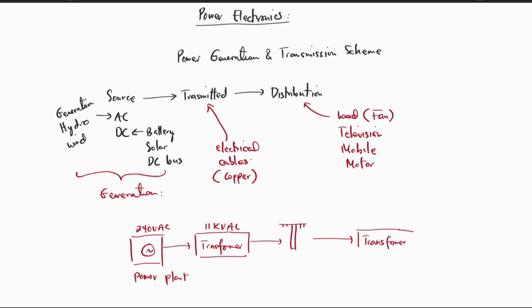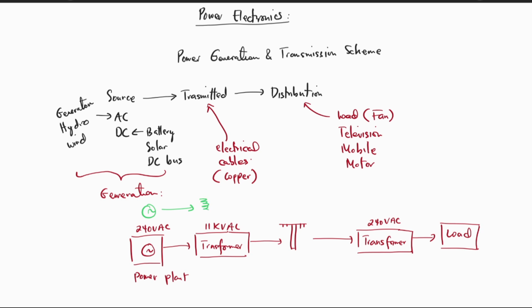And this transformer is now reducing the 11,000 volts AC to 240 volts AC, and then it is connected to the load, and this load can be the house or any industrial plant.